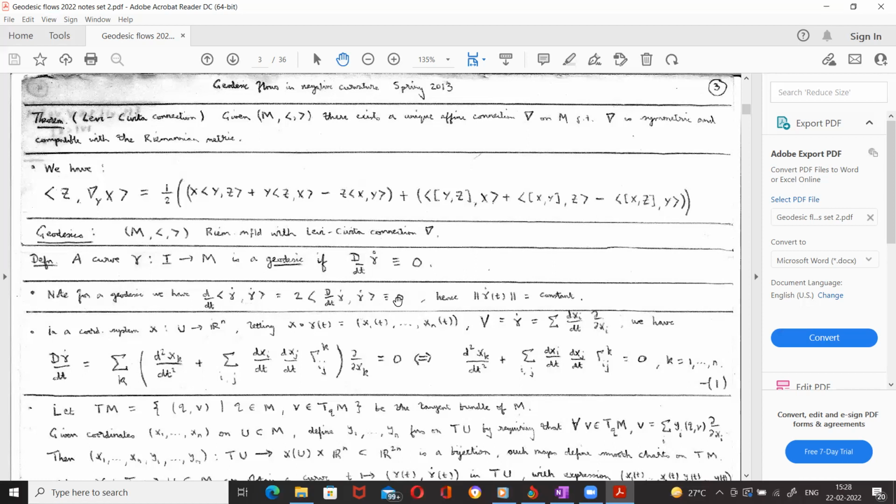So this will be 0. In other words, the inner product of gamma dot with itself is constant. So therefore, any geodesic automatically has constant speed. All right. Is this clear?